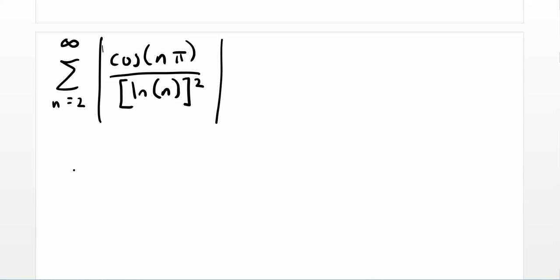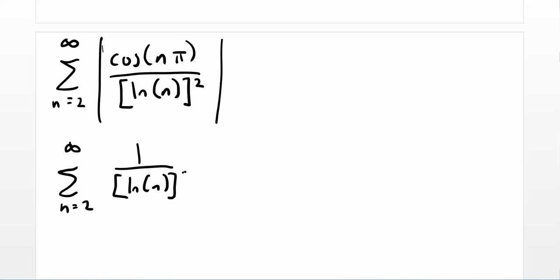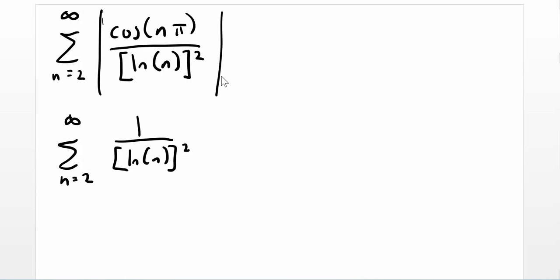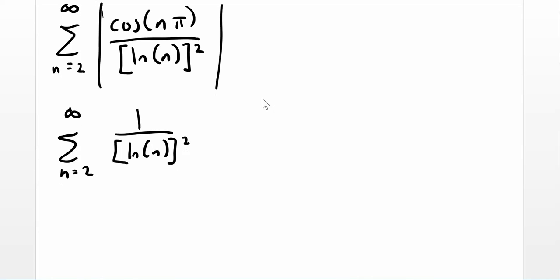And when we do that, we're now only considering this function, 1 over the natural log of n squared. The cosine n pi disappears because it's alternating. So I'll try to figure out if this converges or diverges.